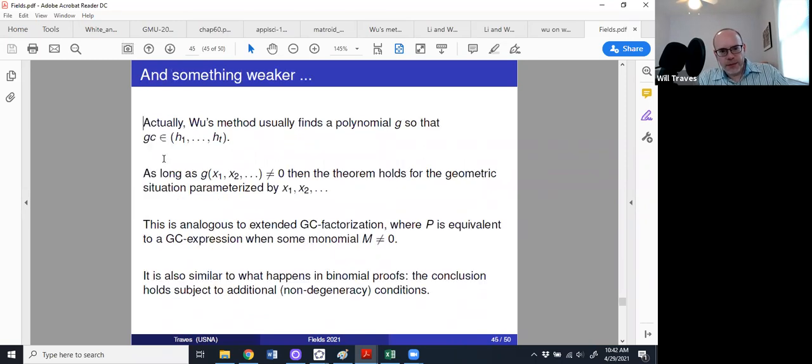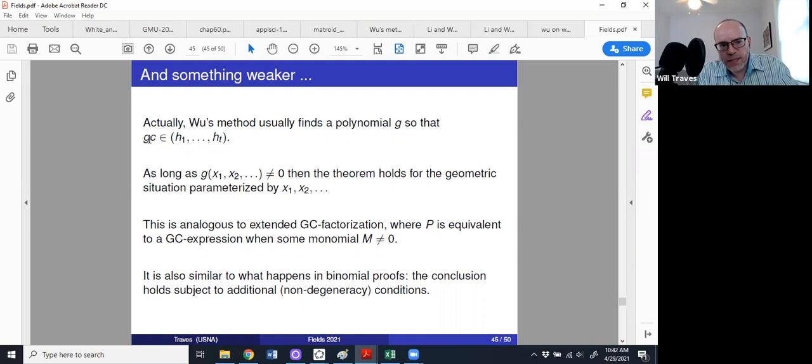What they prove instead is they find a polynomial G so that G times C is in the ideal H1 through HT. And as long as G evaluates to be non-zero, then the theorem holds for the geometric situation that's parameterized by all the variables.